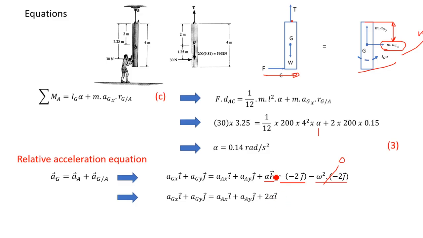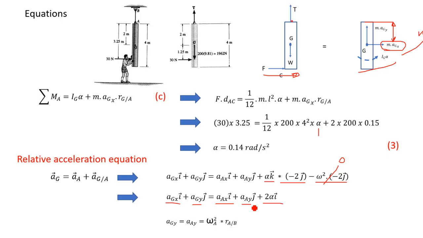Now, of course, the 2 alpha i came from the K times the J is negative i multiplied by minus 2. So let's make it positive 2 alpha i. Now, if I solve for the i, I can find the AGX, the AAX, and the 2 alpha i. If I solve for the j, I have the AGY and the AAY.